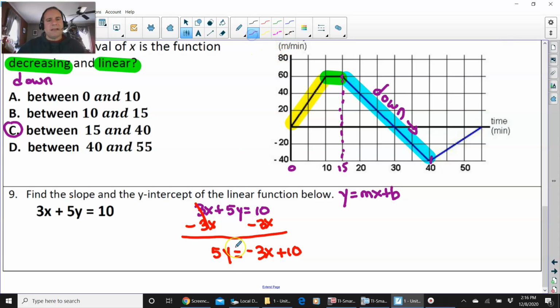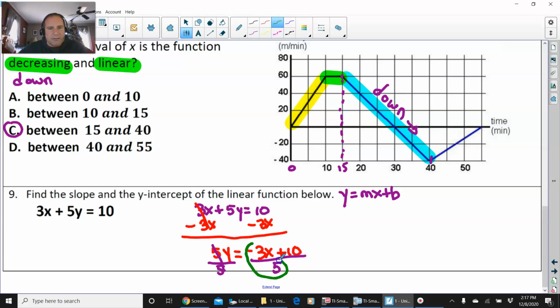One last step, and we are going to solve. The operation that attaches that 5 and the y is multiplication. The opposite of that, the inverse operation, is division. So we're going to divide by 5. All right, so just remember, you're keeping the fraction.